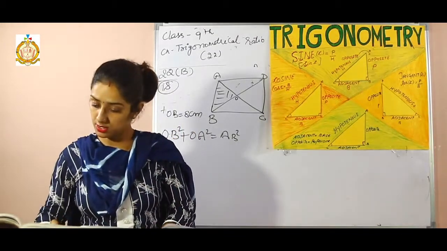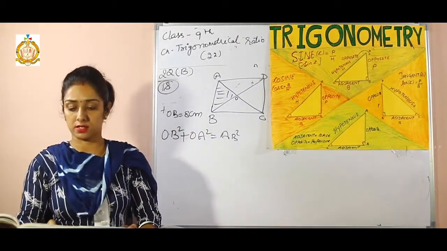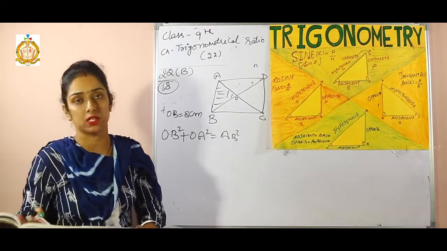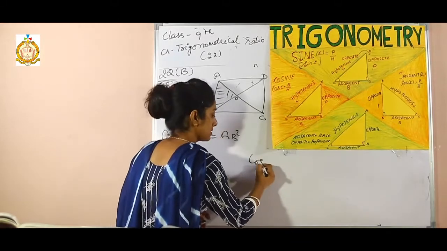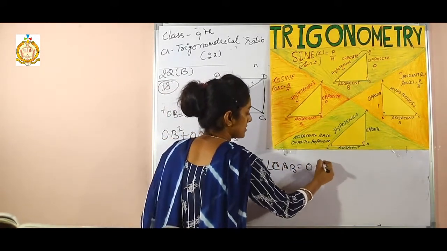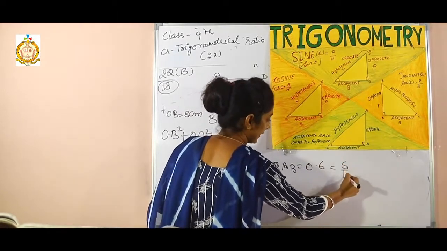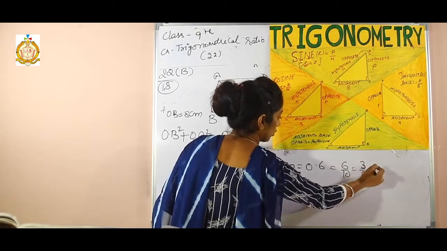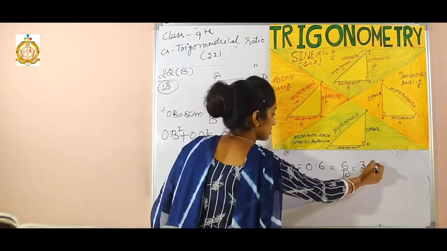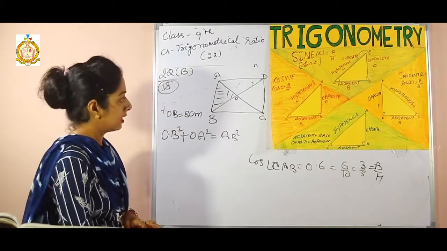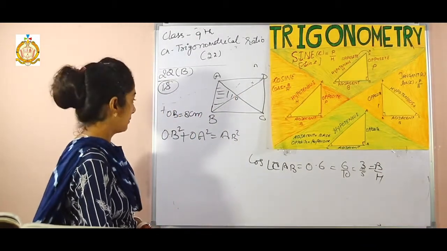See students, if cosine of angle CAB is 0.6, that is 6 by 10, that is 3 over 5. Now cos is equal to B over H, base over hypotenuse.